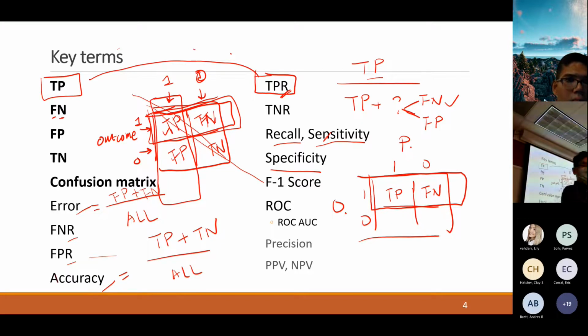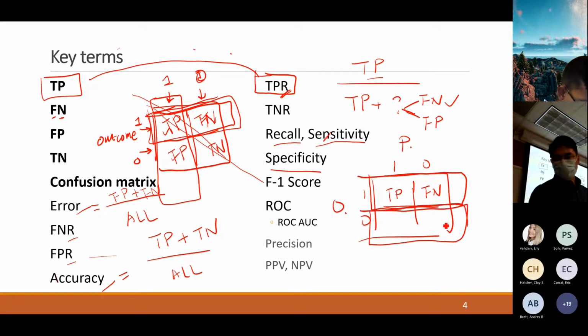Specificity is the opposite. Specificity is a measure of how accurate the algorithm is in recognizing negative cases. So if you were to predict everybody positive, then the specificity would be 0.